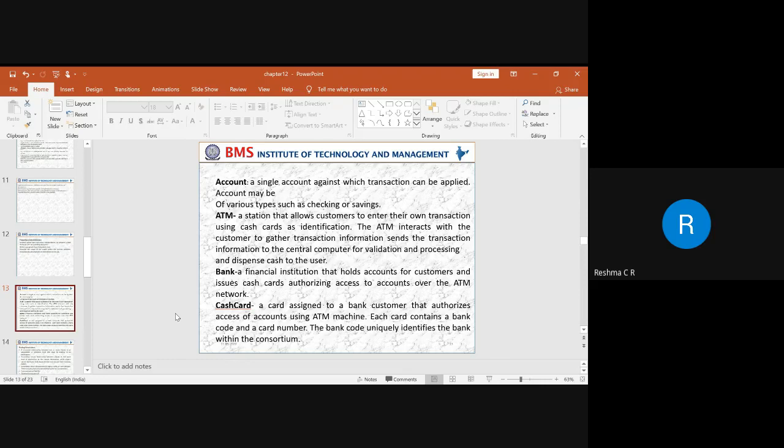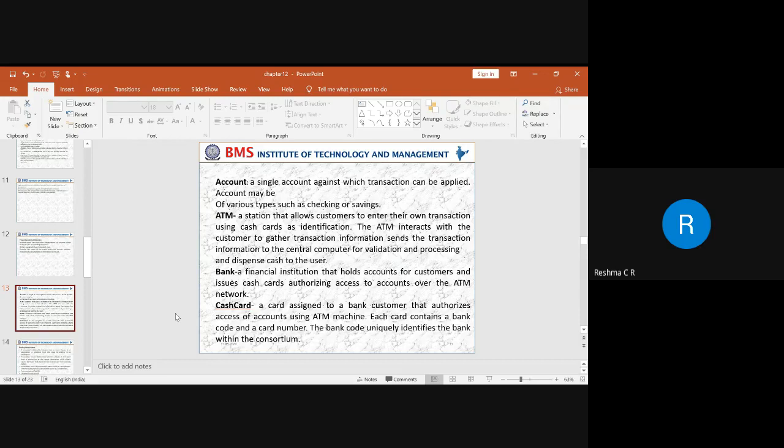Next thing is consortium. From the consortium, we need to have an organization of how the bank transaction is being made from the different ATM networks. So all this network transaction will be handled. Next thing is customer.